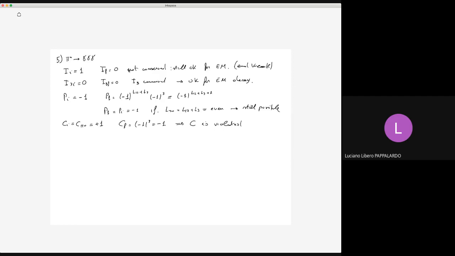Okay, and this cannot be in electromagnetic processes. So this is indeed the only reason why this decay is not observed in nature.